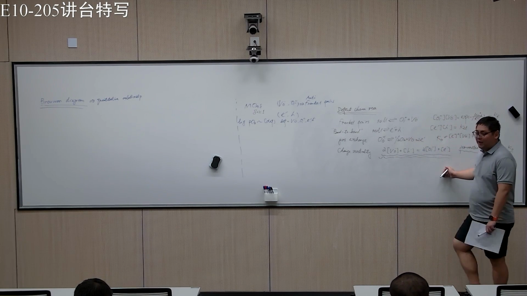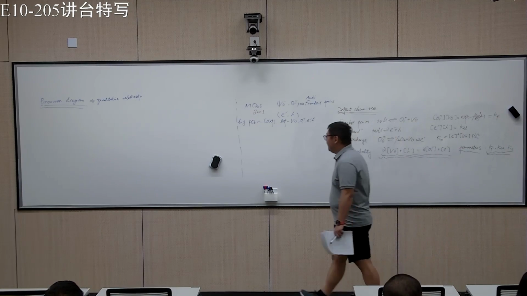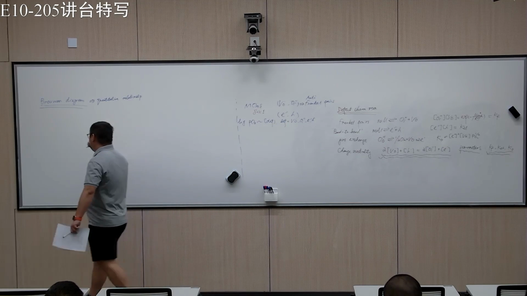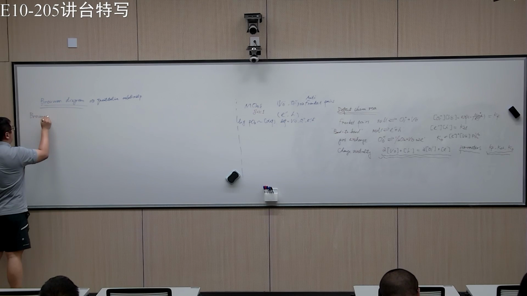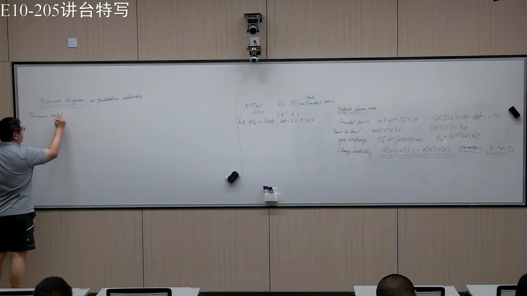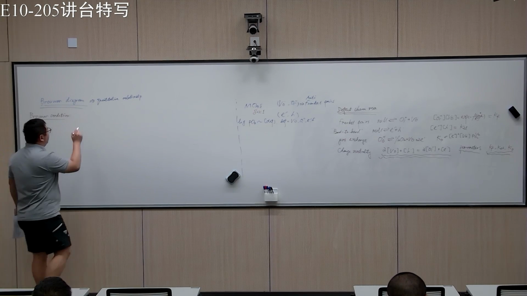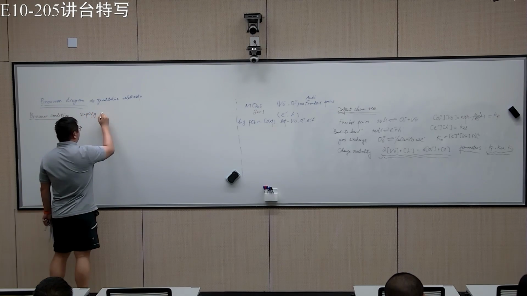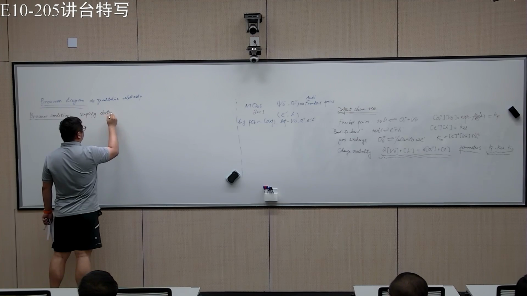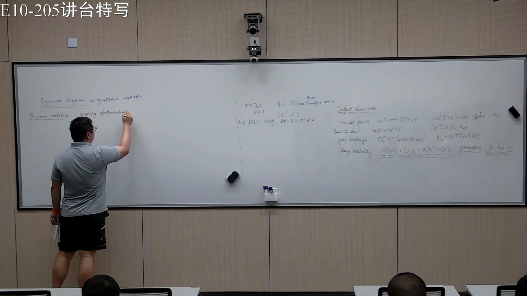The charge neutrality looks too complicated, so we can apply a so-called boundary condition. The boundary condition is for simplifying the electron neutrality condition.